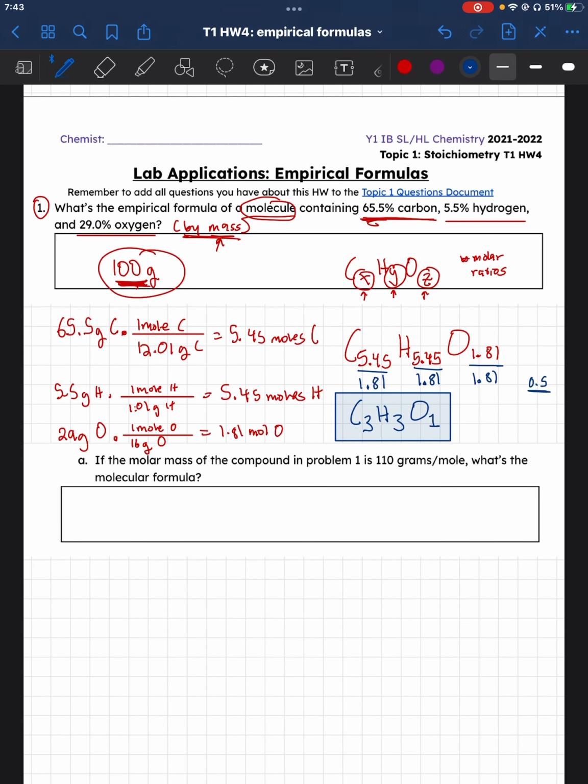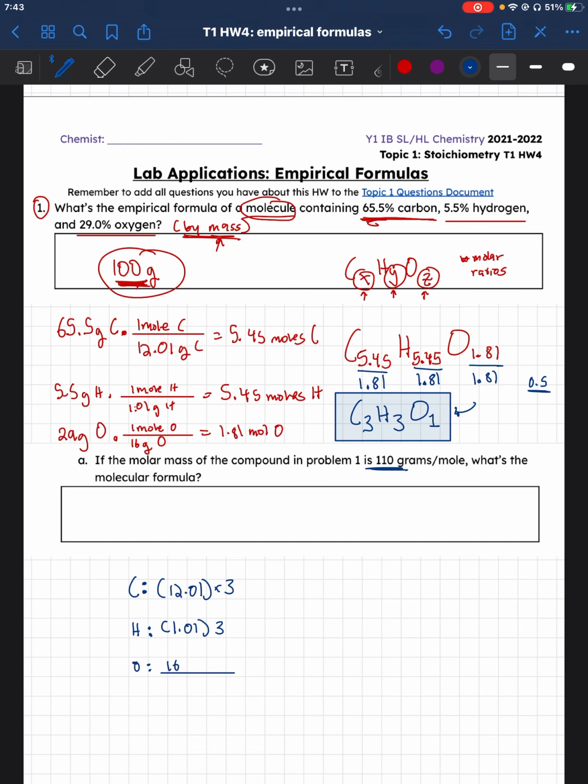And now, in order to find the molecular formula, well, I know that the molecular formula has a molar mass of 110 grams per mole. So I'm just going to compare that with the empirical formula that I have. I'm going to find the total molar mass of my empirical formula. So 3 carbons, 3 hydrogens, 1 oxygen.